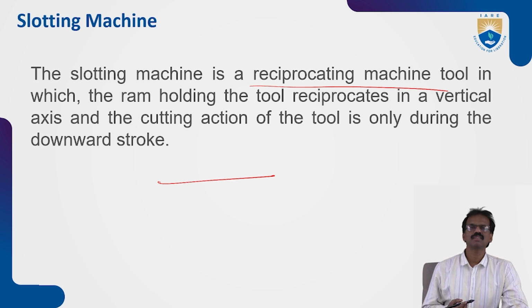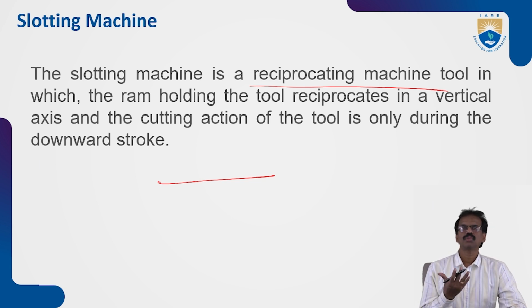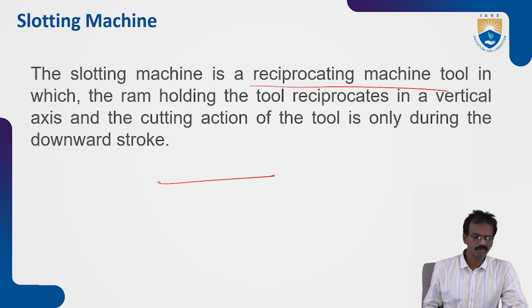In the planing machine the tool bit is fixed, but the table or workpiece on the table will reciprocate. But in the case of the slotting machine, the tool bit or single point cutting tool reciprocates vertically. So these are the main differences between the shaping machine, planing machine and slotting machine.